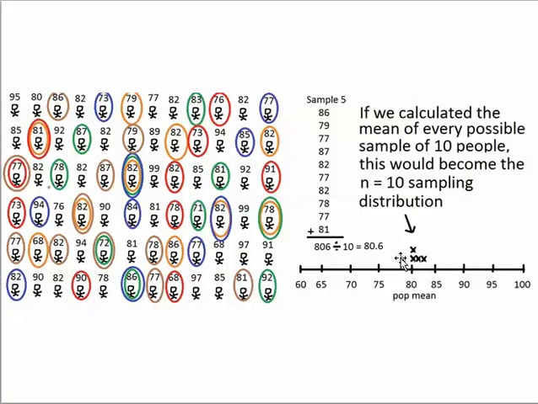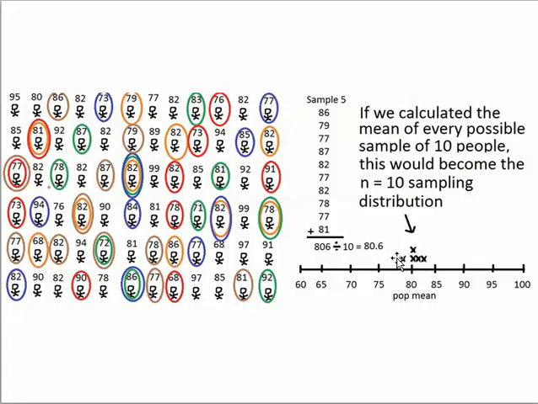They more accurately estimate the population mean. So when you take a bigger sample from a population, the possible samples that could end up being selected have sample means that are closer in to the population mean.